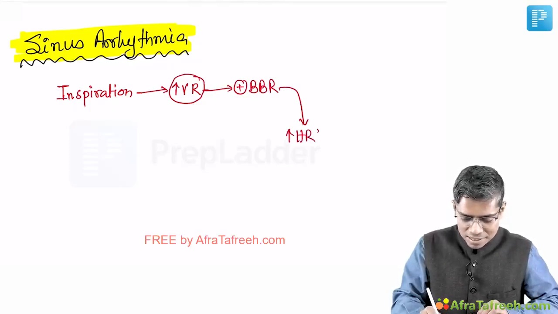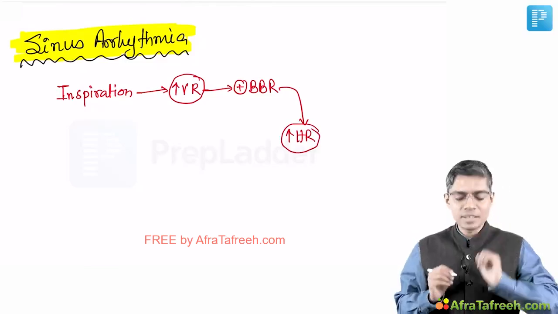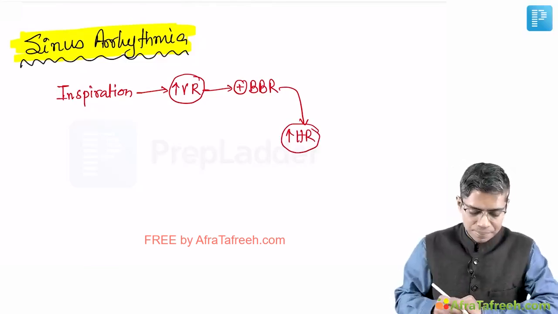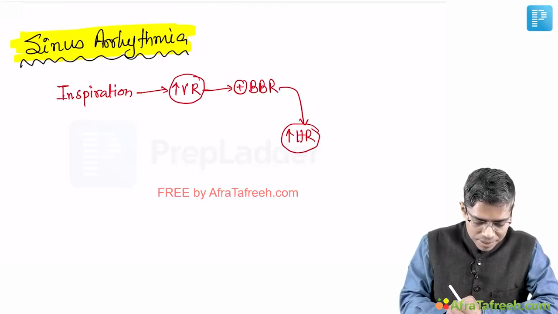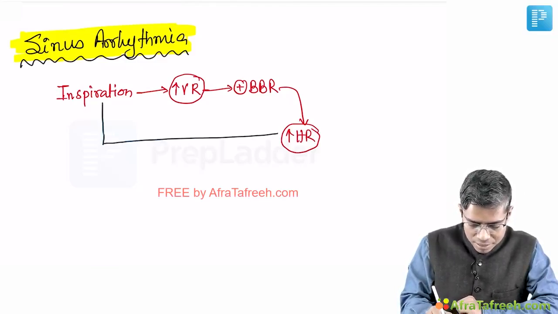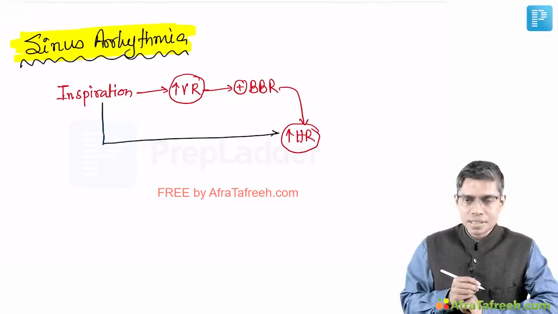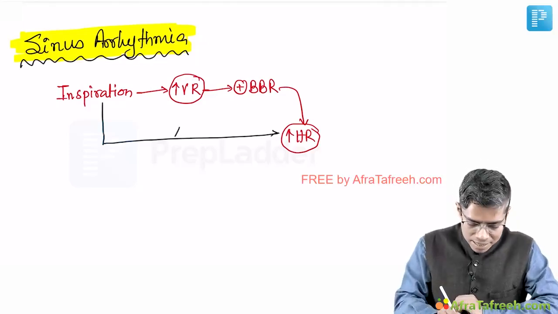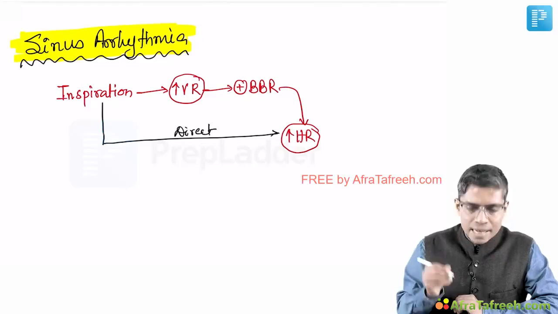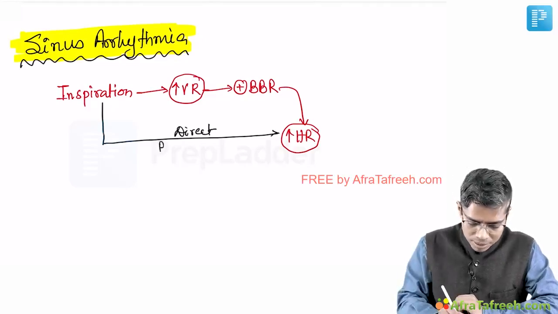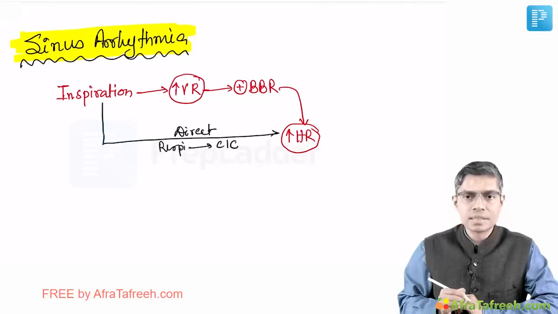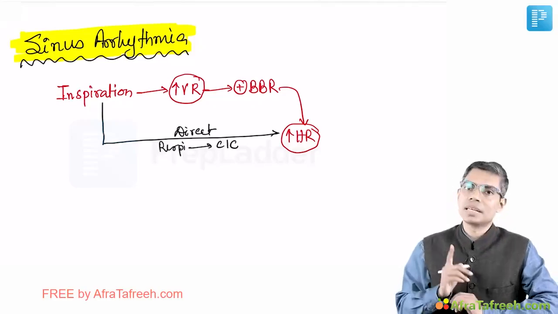The heart rate is going to increase. Not only that, during inspiration there is a direct signal from the respiratory center to the cardio-inhibitory center, and that also causes increase in heart rate.